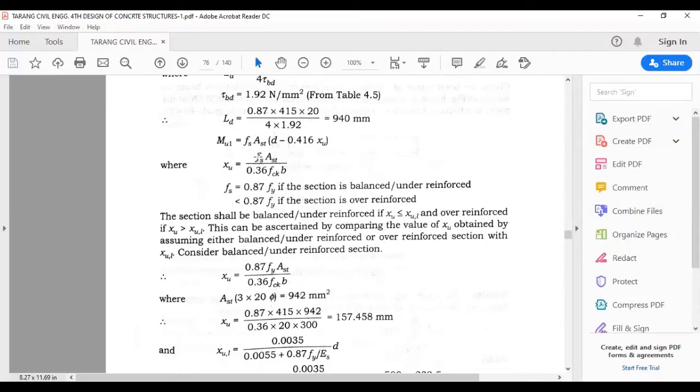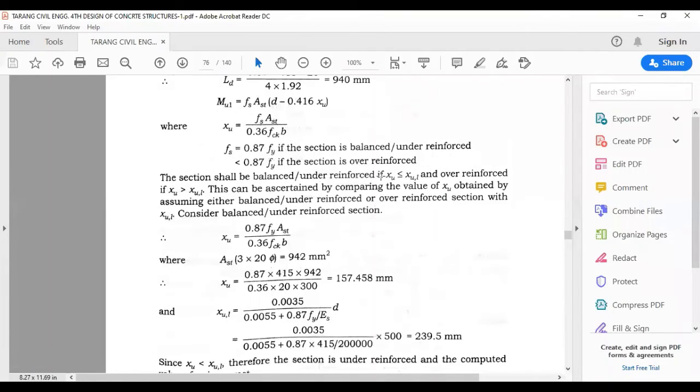So as we knew, Xu is given as 0.87 Fy Ast upon 0.36 fck b. Mind, students, that this value is Fs, so Fs is 0.87 Fy, and this has been substituted here.